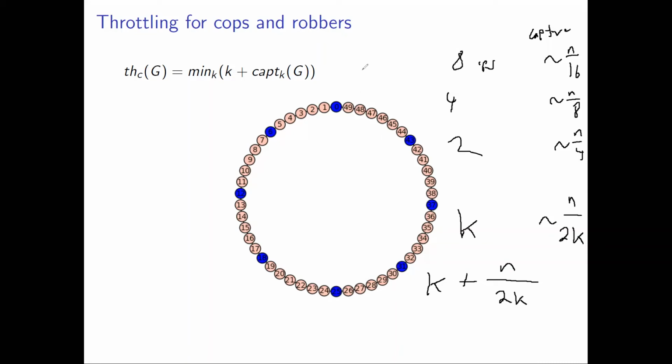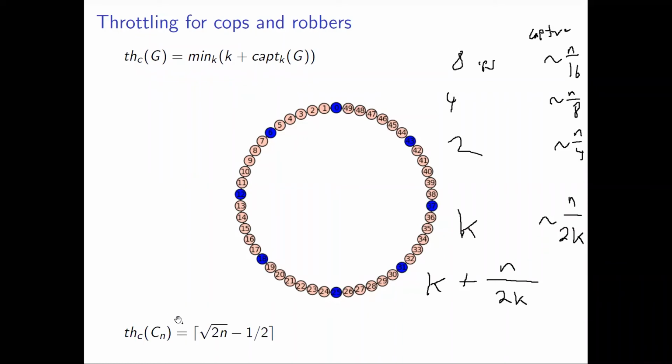If you try to optimize that and see what's the best value of k you can choose, you find that the throttling number of C_n is equal to the ceiling of the square root of 2n, minus 1/2. So it is approximately the square root of 2n.